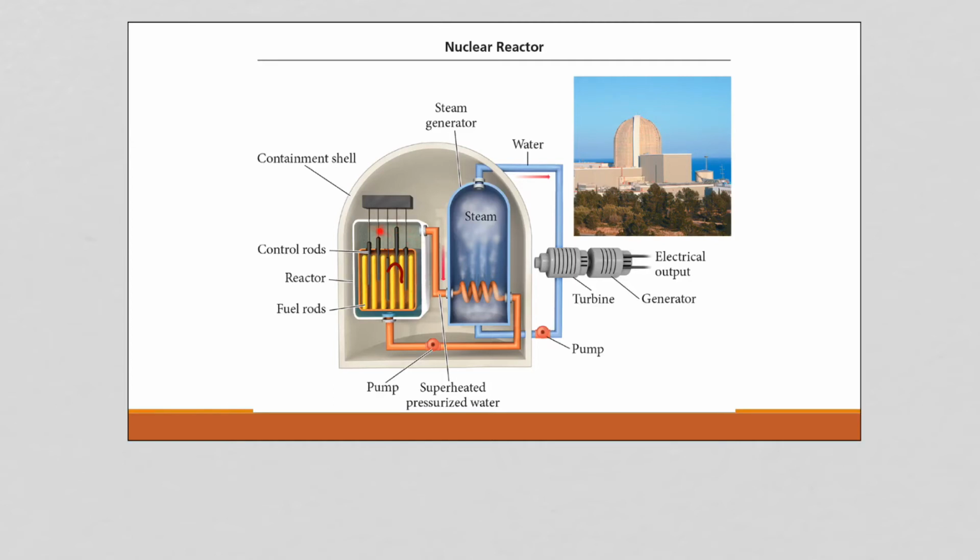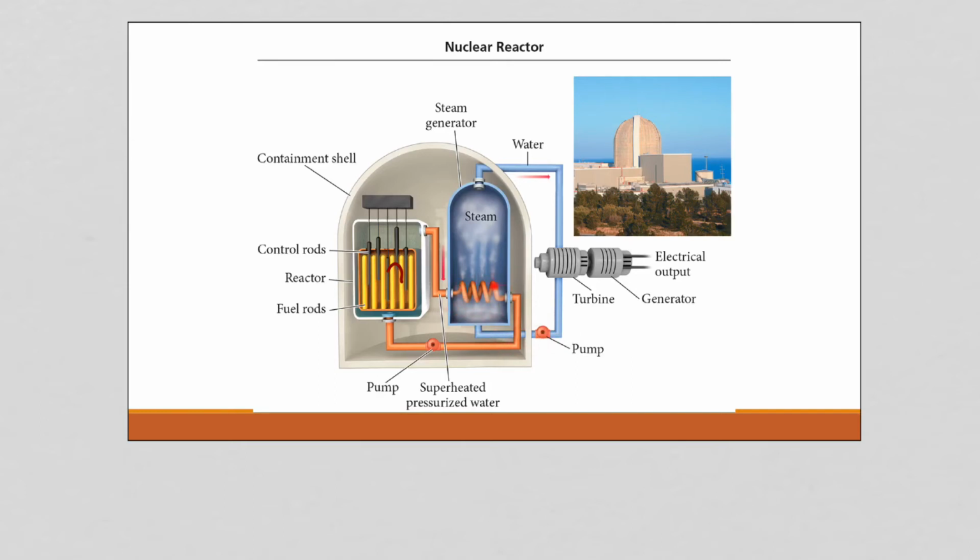And this heats up water, and that water, this superheated pressurized water, is passed through into the generator, where we have a separate water supply, right? Which comes into here.